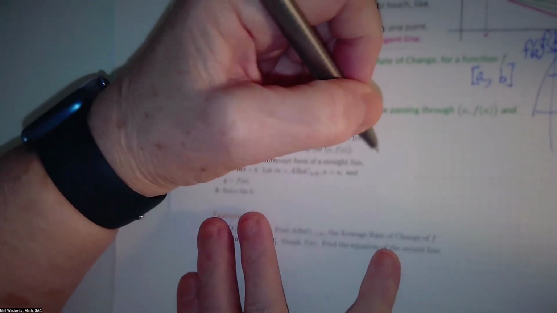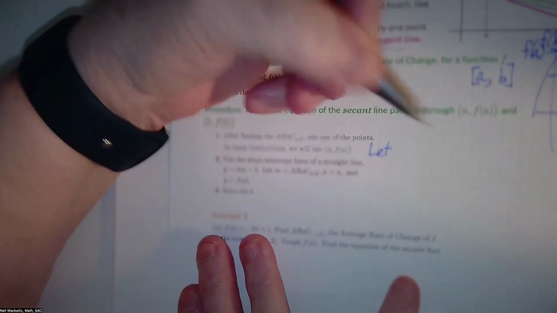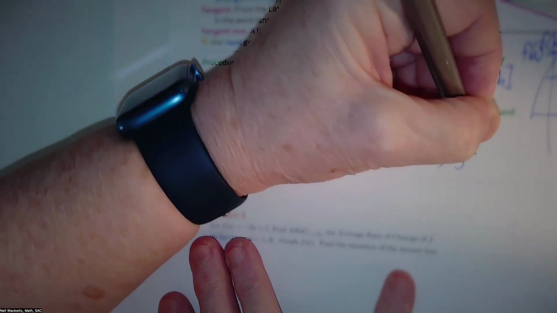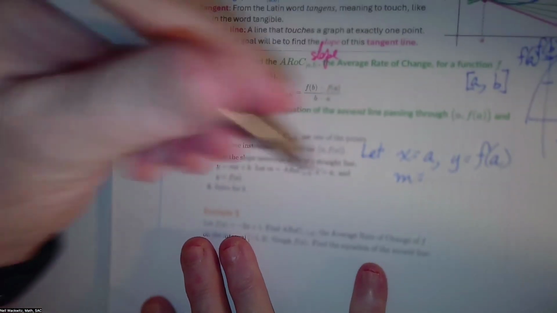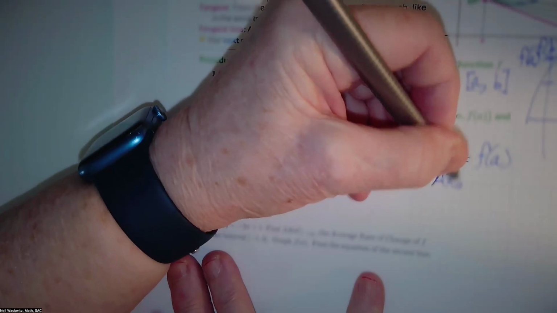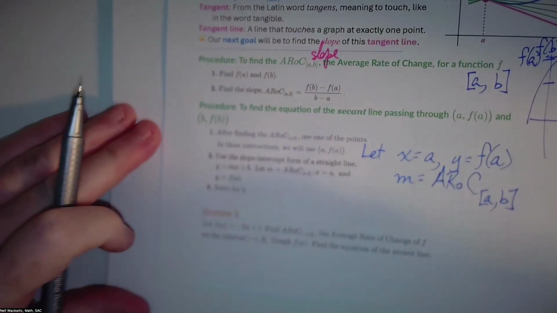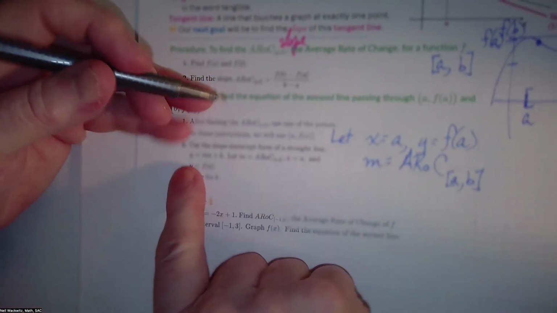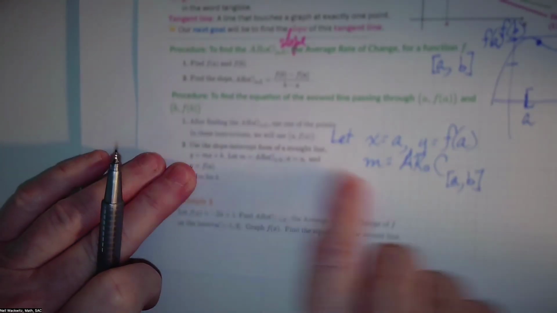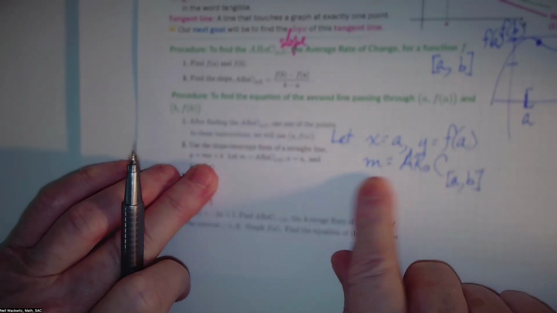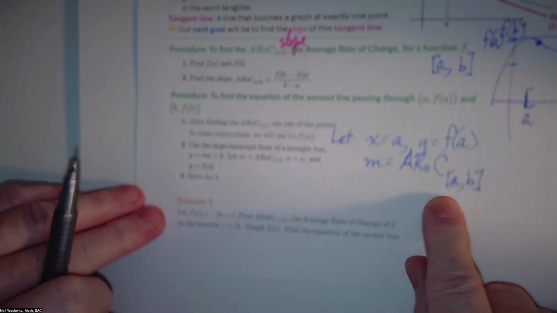I'm going to let x equal a, y equal f of a, and m is going to be the value we just found, the average rate of change on that interval a comma b, the slope of that line. So we're going to write down y equals mx plus b, fill in y as f of a, x as a, m is the average rate of change on the interval a, b, and we're going to solve for b.